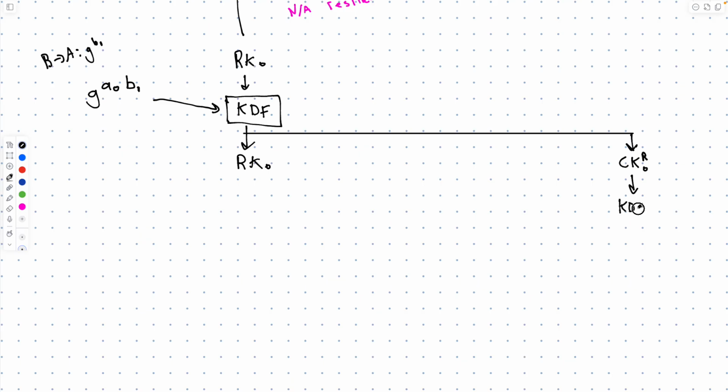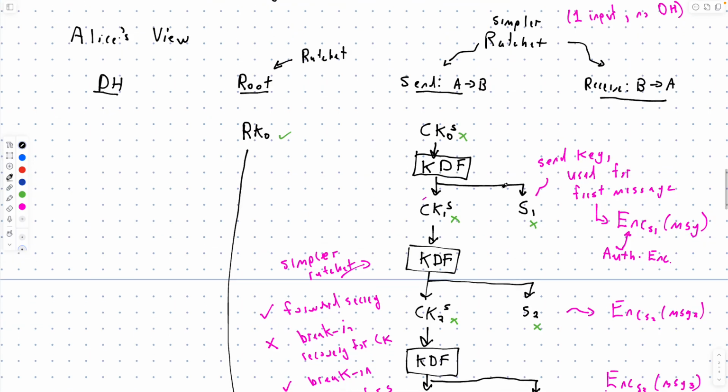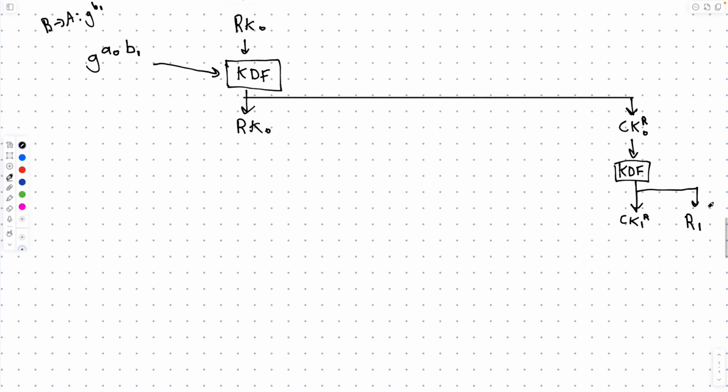So he does the same thing. He does a simple ratchet. So he does KDF. He updates the chain key. And he gets a send or a receive key. So this is the key that's used for sending messages from Bob to Alice.